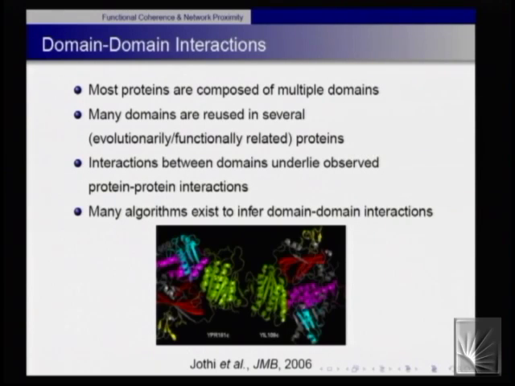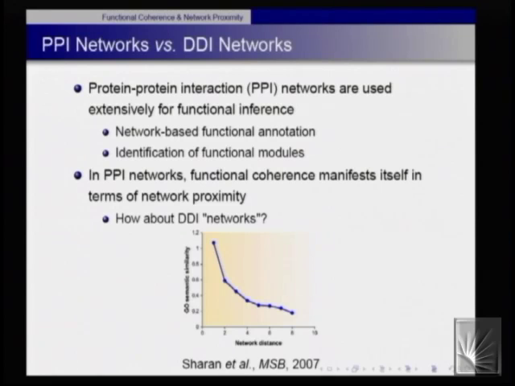When you identify these domain-domain interactions, you have a domain-domain network. So we have a protein-protein network, which is more context-specific, I would say, and a domain-domain network, which is more related to the underlying structure. We wanted to analyze the domain-domain networks to see what their functional relevance is.